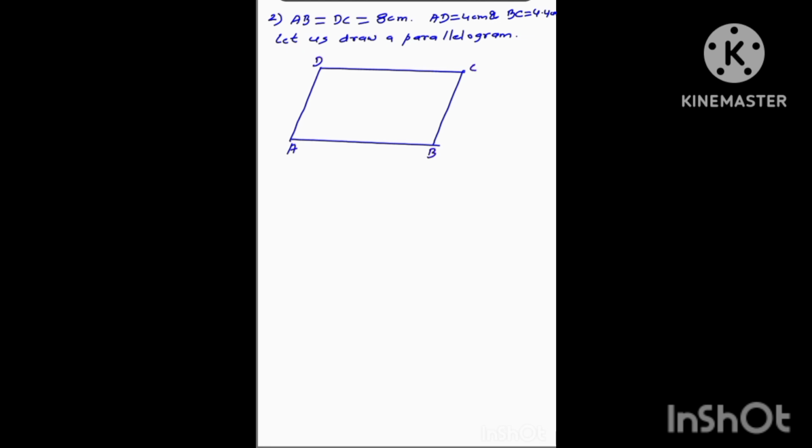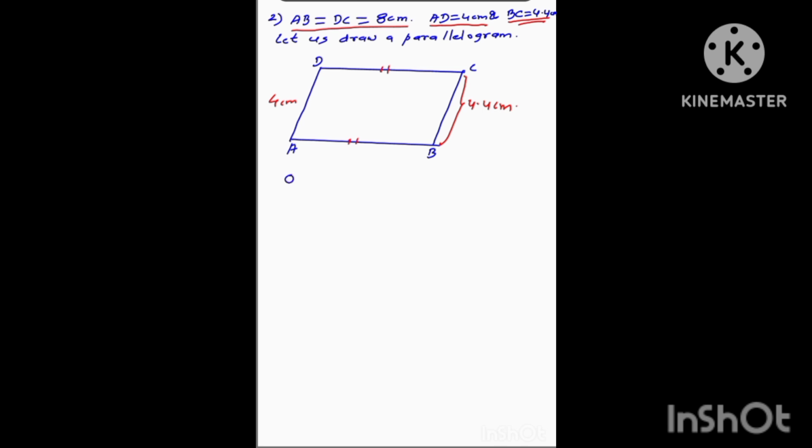AB is equal to DC is possible because AB is opposite to DC and that satisfies the condition. AD equal to 4 centimeters and BC is equal to 4.4 centimeters. Okay.